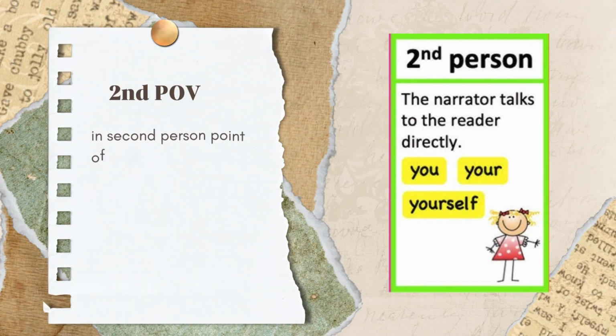The next one is the second person point of view. In the second person point of view, the reader is now part of the story. It is when the narrator talks to the reader directly. So, if you're the protagonist, you are now talking to someone else.